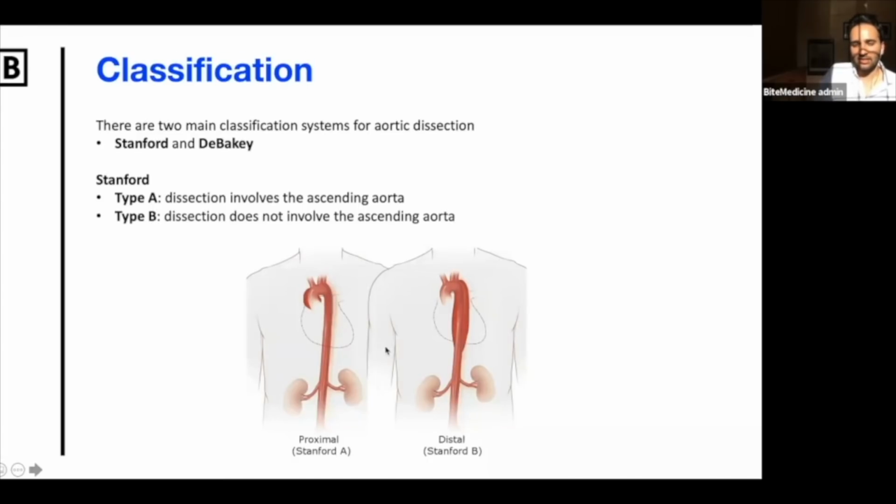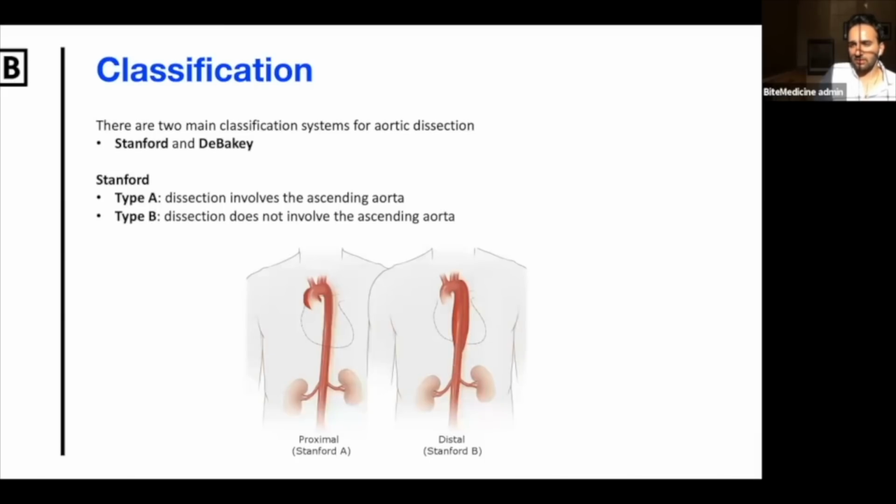Remember that, because that will almost inevitably come up in your exams. So type A can affect the aortic arch, almost the aortic root and the aortic valve as well, whereas type B doesn't affect the ascending aorta. It normally affects the descending thoracic aorta, sometimes all the way down to the abdominal as well.